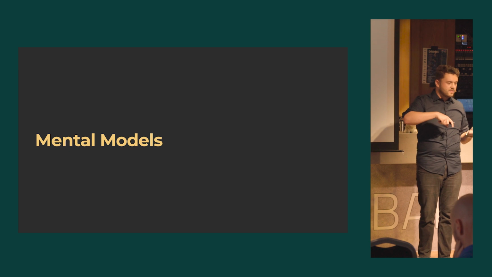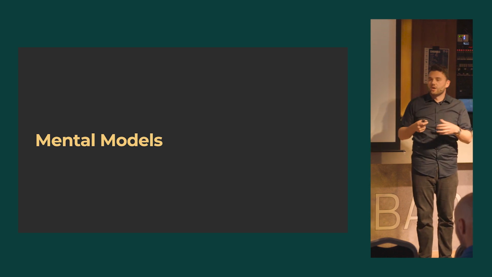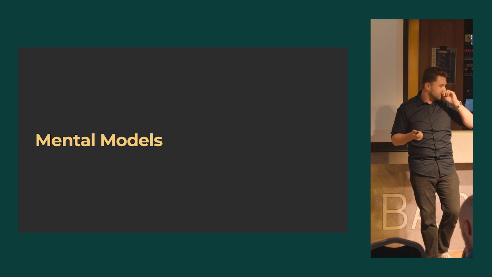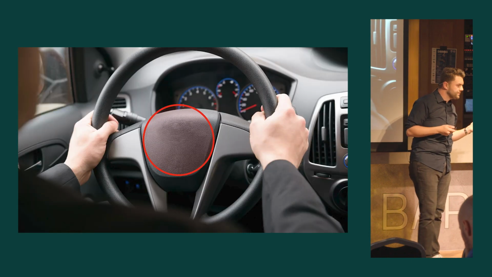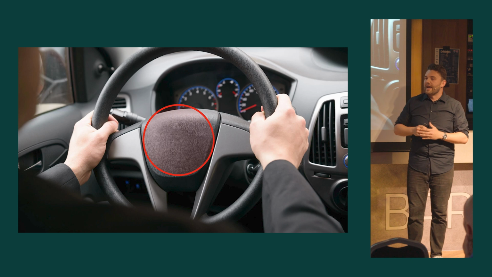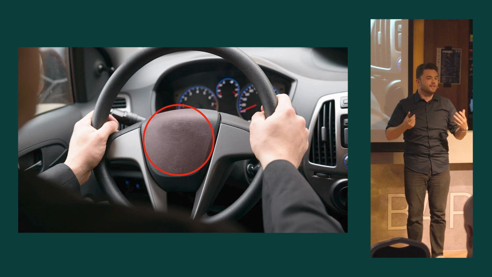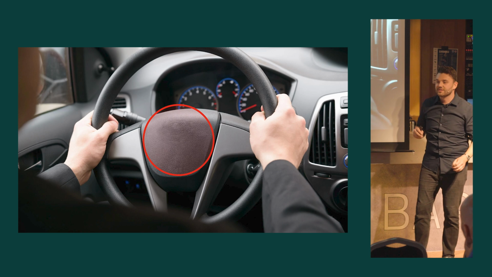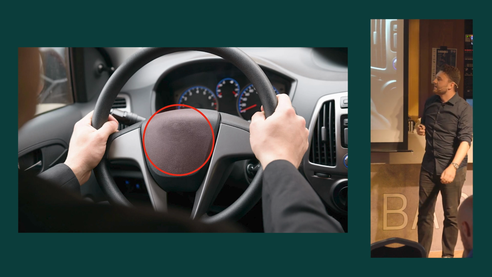And another way that habituation works in our everyday lives is through mental models. To explain mental models, I have a cool example. Everybody who has a driver's license had that moment of their first driving lesson. Nervous, everything is new, so many things around us, a lot of stimulations.